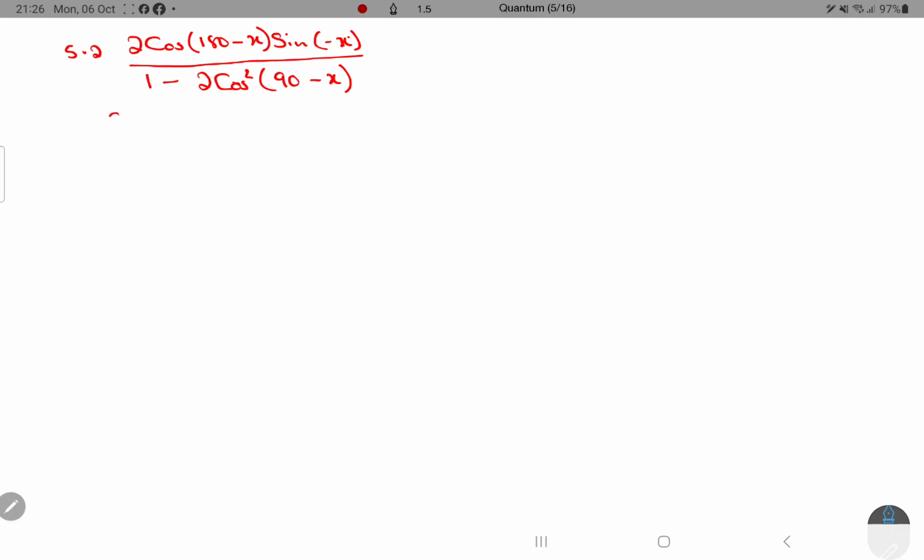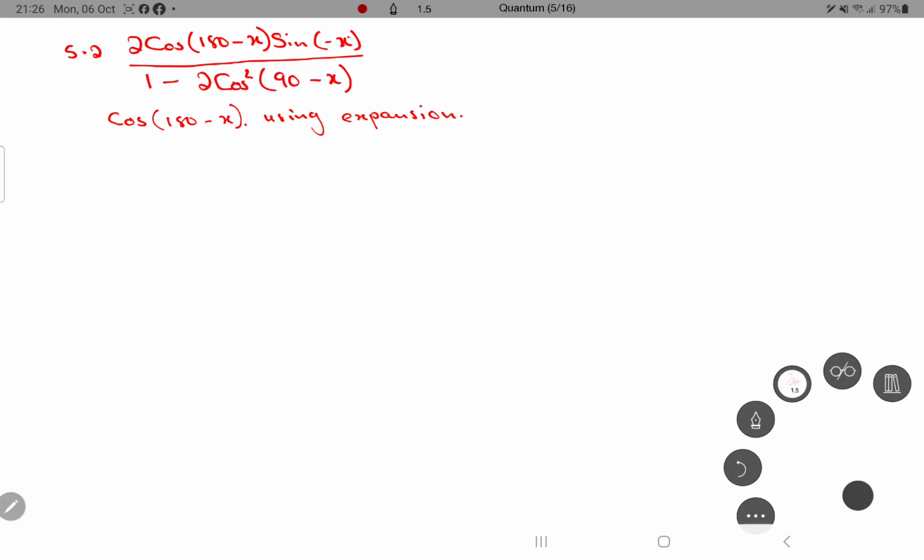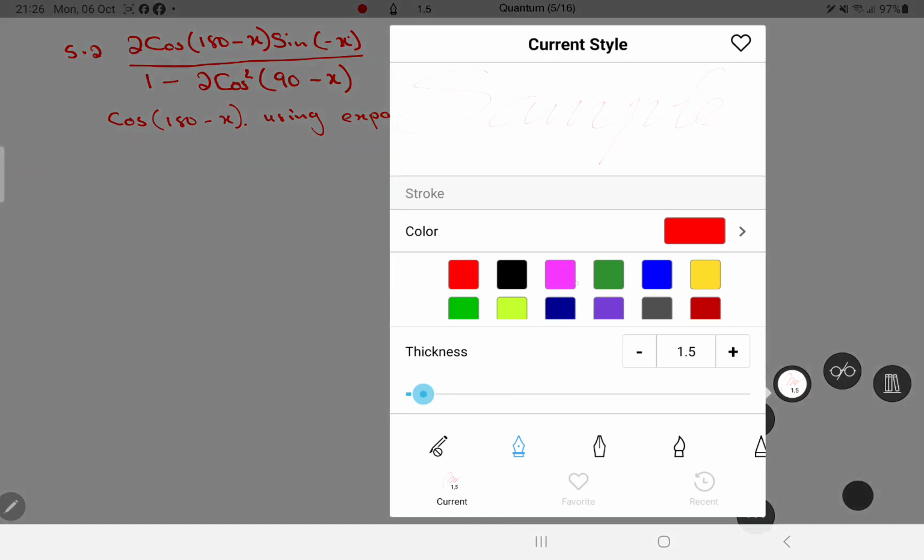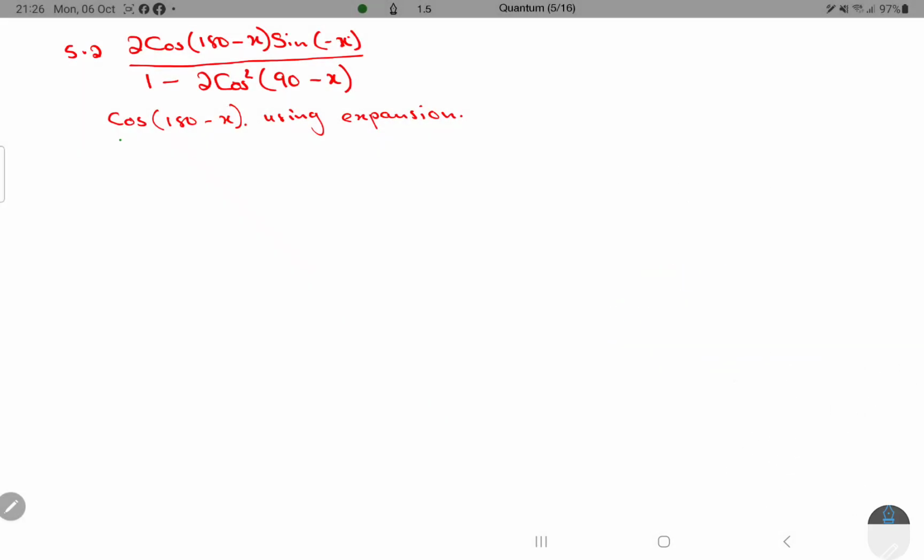So let's look at cos(180 minus x). Now, we are using the expansion of cos. Let's write with a different color to make it nicer, let's use green for that.